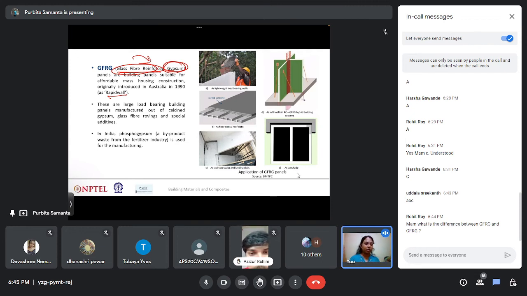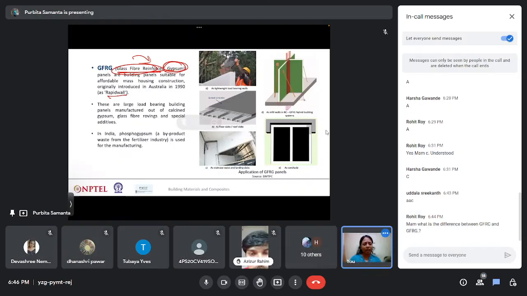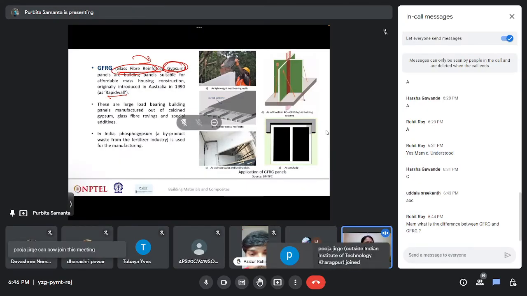If you go into this, ma'am was also talking about BMTPC. If you look at their website, you see how they have used it for rapid construction of mass housing. The concept of mass housing is all about providing housing to a huge number of people.